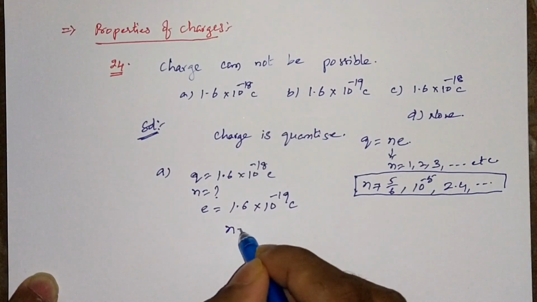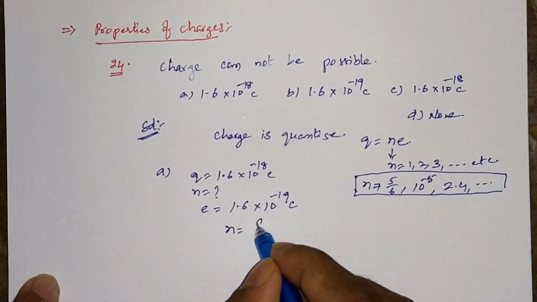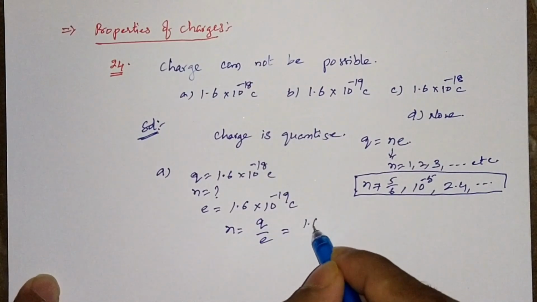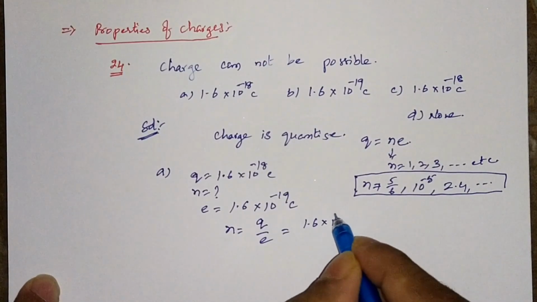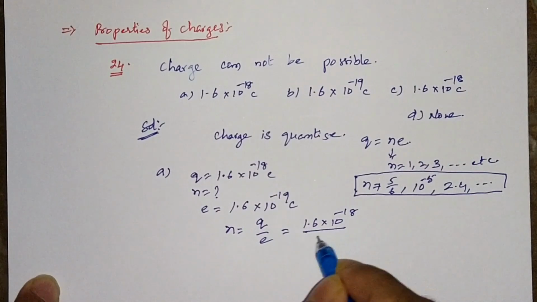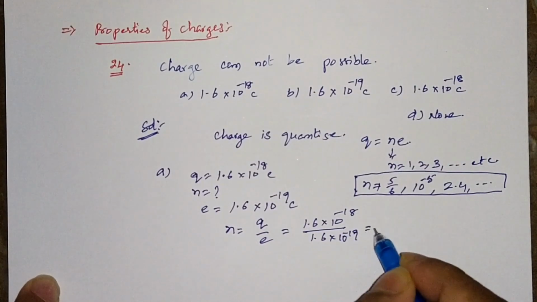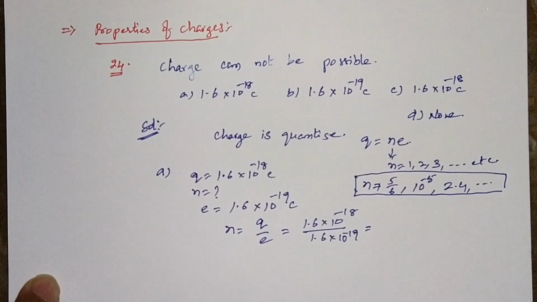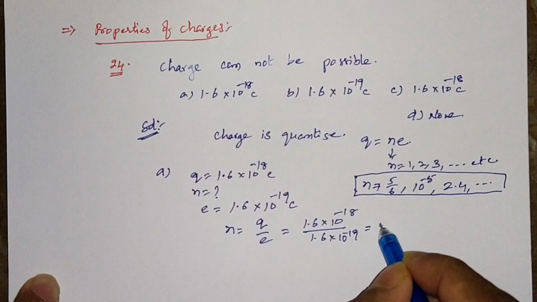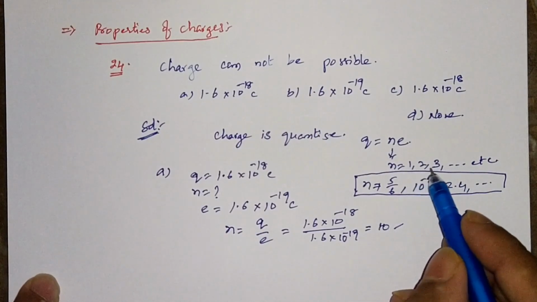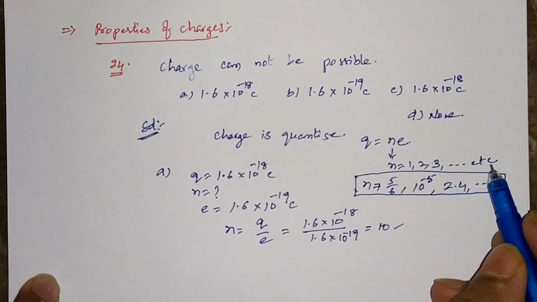N is equal to Q by E, that is 1.6 into 10 power minus 18 by 1.6 into 10 power minus 19. By simplifying this, you will get the N value as 10. This is possible because N can be integer values 1, 2, 3 and so on.